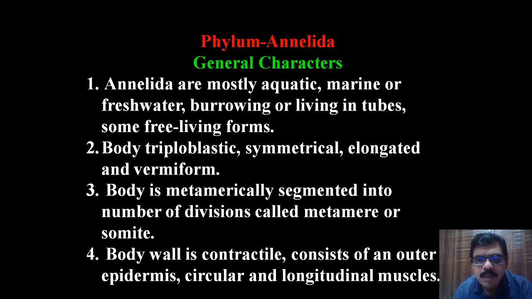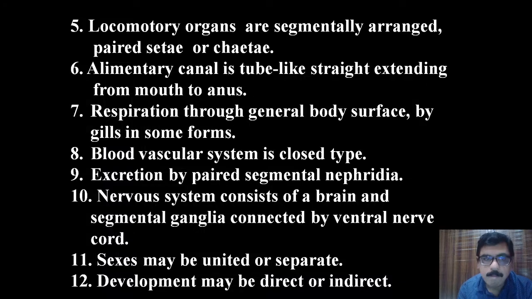The body wall is contractile in Annelida and consists of an outer epidermis, circular and longitudinal muscles. The locomotory organs are segmentally arranged, paired cilia or chaetae, meant for locomotion.